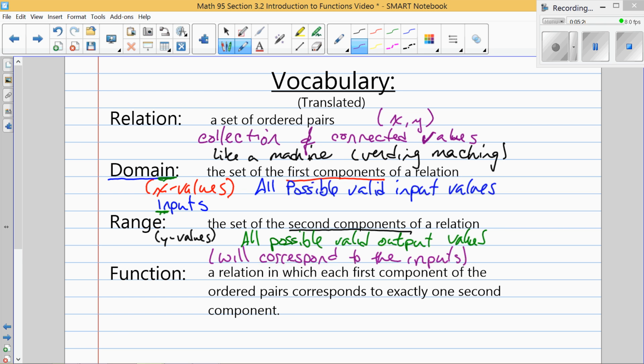So the range is the spread of the values that the machine will put out depending on what inputs you put in.